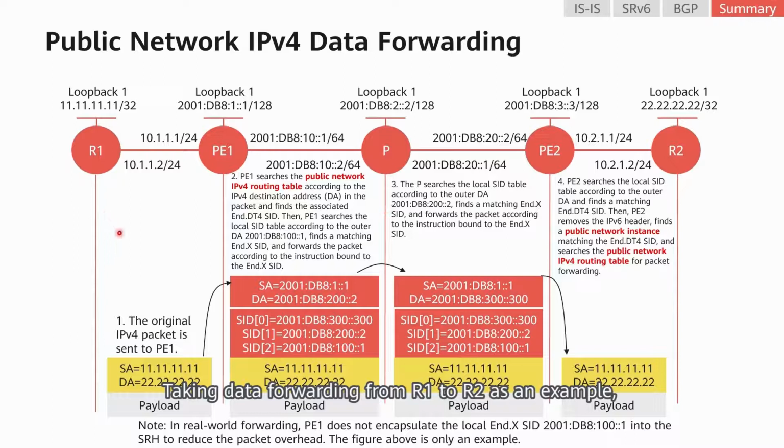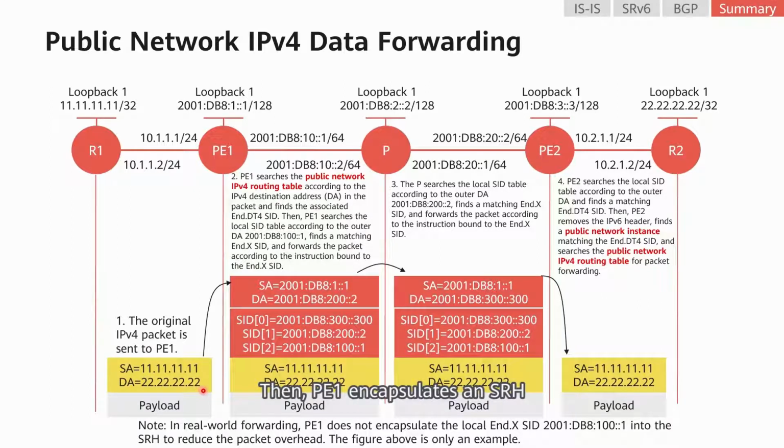Taking data forwarding from R1 to R2 as an example, the forwarding process mainly consists of the following steps. First, the original IPv4 packet is sent to P1 through a specified interface. Second, P1 searches the public network IPv4 routing table according to the IPv4 destination address in the packet and finds the associated End.DT4 SID.